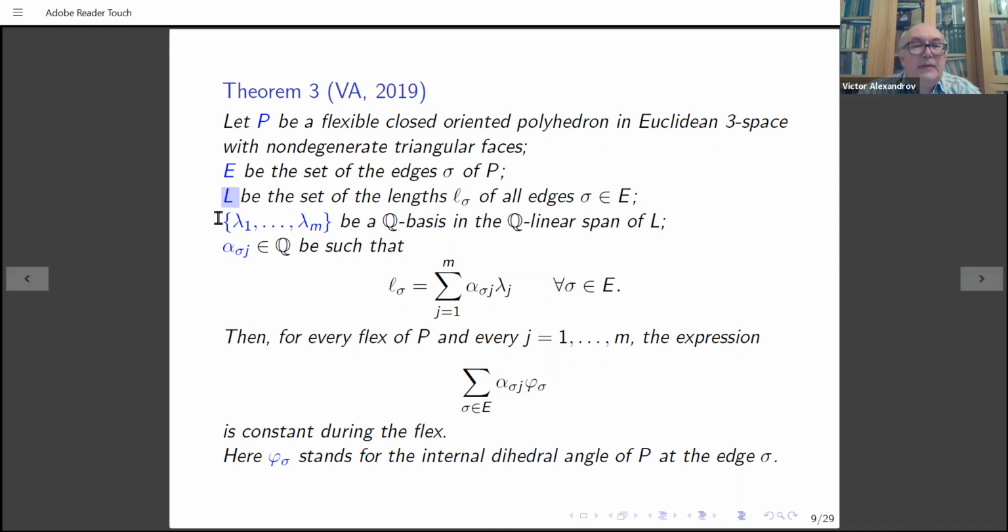And let a finite collection of real numbers, lambda 1, etc., lambda m, be a Q basis in the Q linear span of this set of real numbers.